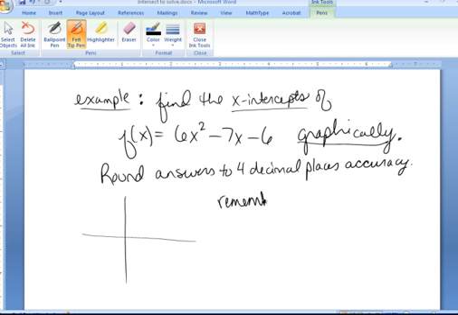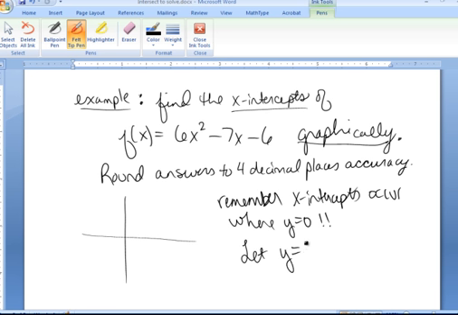Remember, x-intercepts occur where y equals 0, where the height of the graph is 0. So we need to let y equal 0, and we also need to let the other y equal 6x squared minus 7x minus 6.